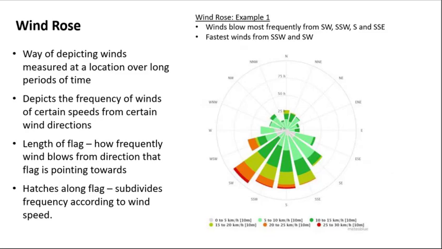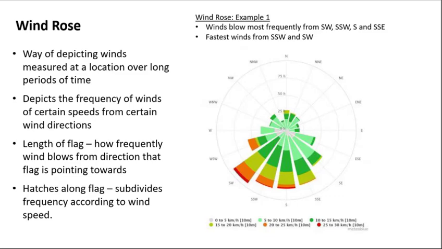Based on this, an air pollution meteorologist analyzing annual or longer-term pollution exposure in this location can assume that pollution transport will generally be due to winds from the southwest and other southerly sectors. This means pollution will generally blow from south to north.